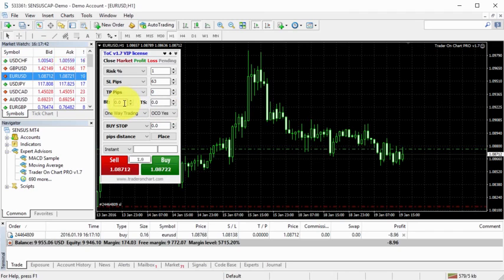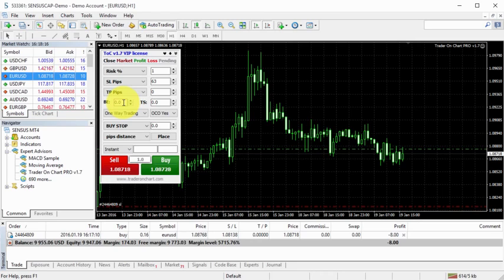But I will mention that break even works in a way that if your broker charges commissions, then Trader on Chart automatically calculates the size of commissions for your trade and the swap costs for your trade, and it will add a break-even point slightly above the open price.